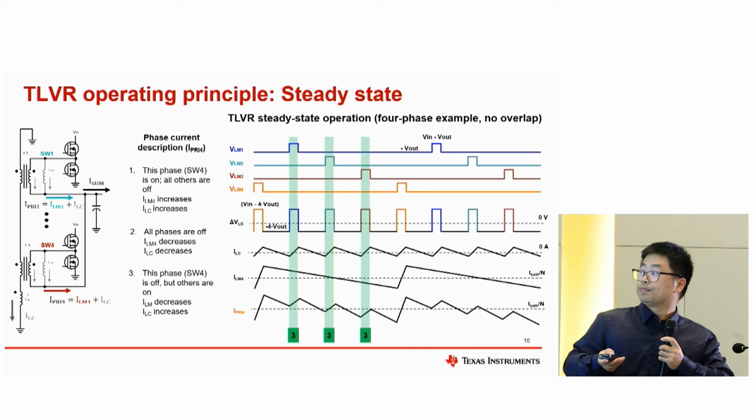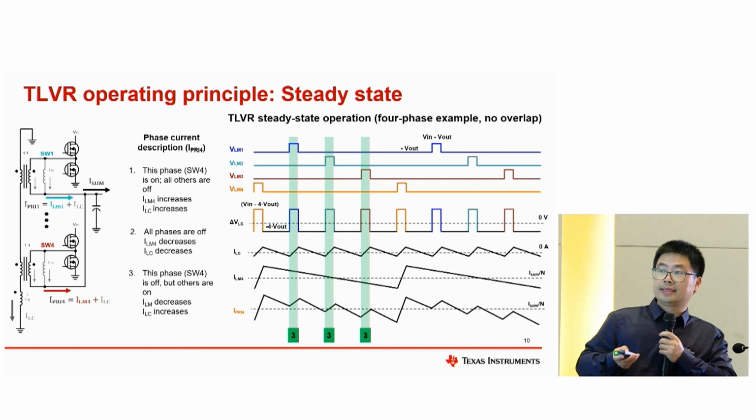But for the magnetizing current and the LC current here, we can see that this is the current for phase 4. In phase 1, in state 1, the magnetizing current goes up, and then it keeps going down.